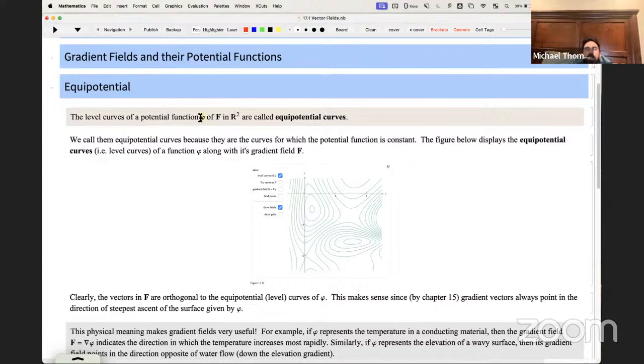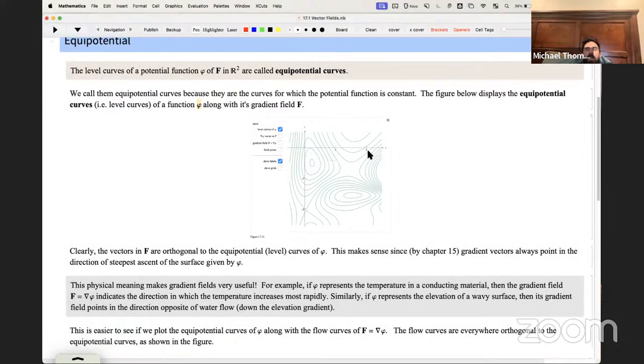So let's say the figure below displays some level curves of the potential function for some scalar function phi. You have to imagine there's a surface associated with this. And then if you were to graph the associated gradient field, that's what it would look like.